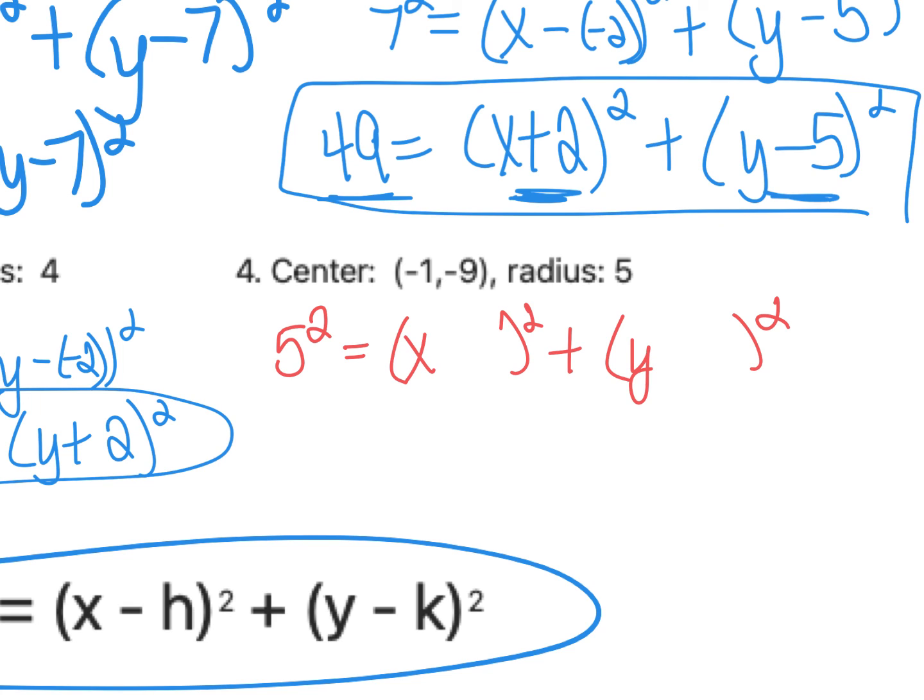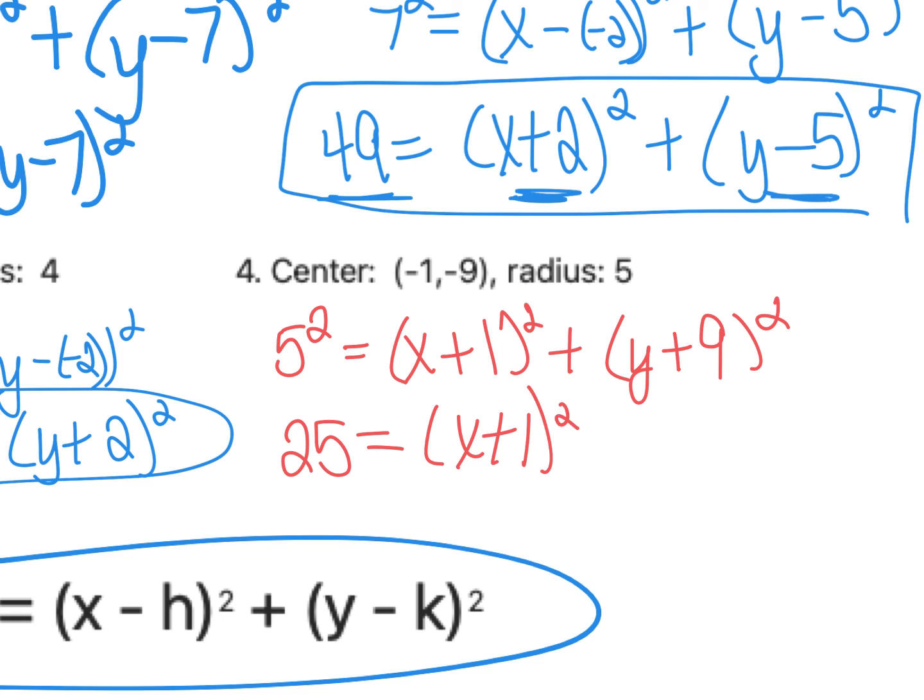So I'm going to have x minus negative 1. So I'm going to skip right ahead. I'm going to say x minus negative 1 is x plus 1. Y minus negative 9 is y plus 9. So the only thing we would need to fix here is 5 squared is 25. X plus 1 squared. And y plus 9 squared.